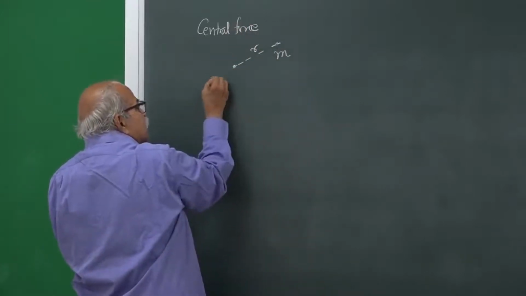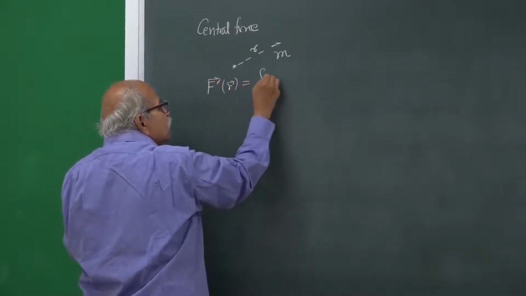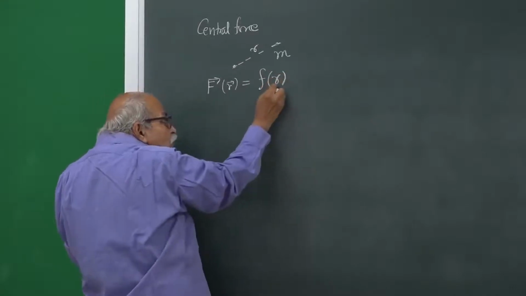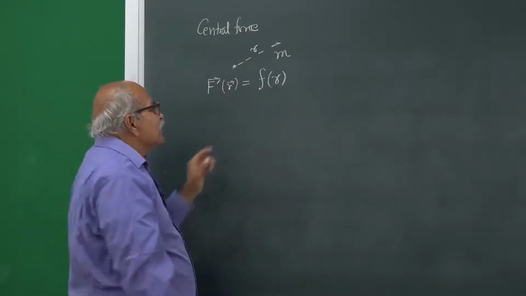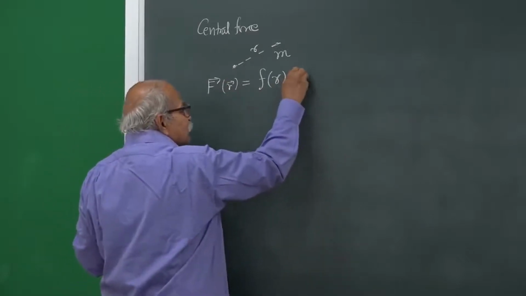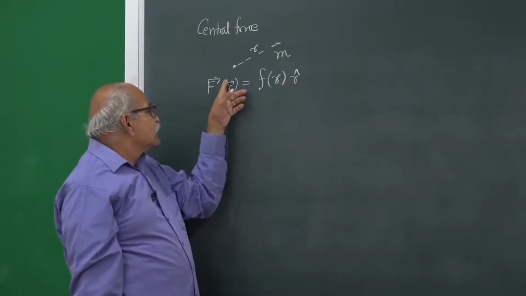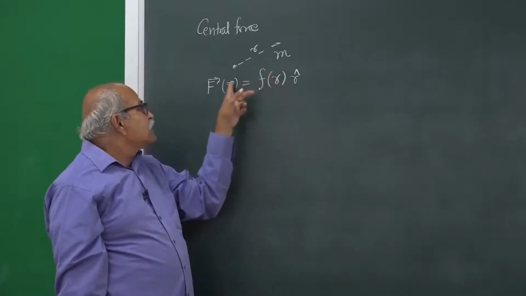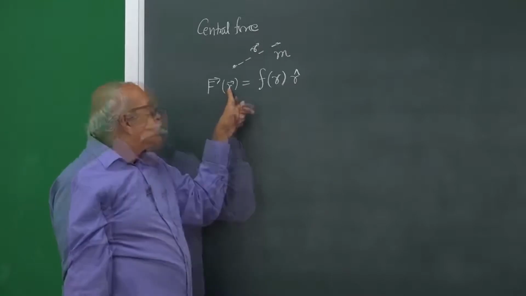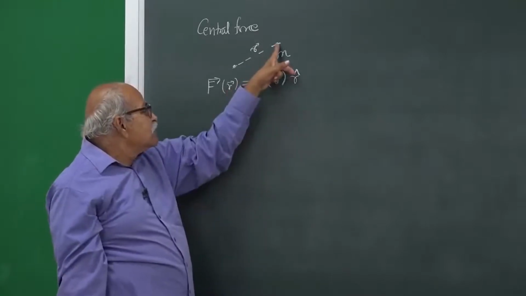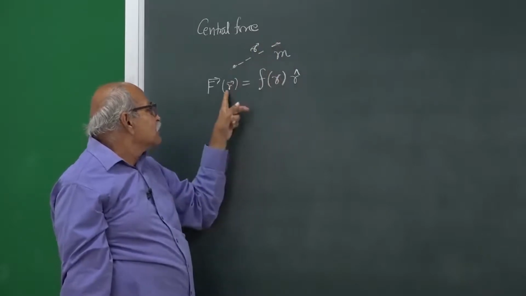So, I can write for central force F at r is equal to some function of r without vector. Okay? Here r is with vector, here r is without vector, and then r cap. What is r cap? First, let us see what is this r vector and what is this r. R vector is, as usual, position vector of the particle at time t. So, at time t, the particle is somewhere and I join the origin and the particle, and that vector is this r vector.